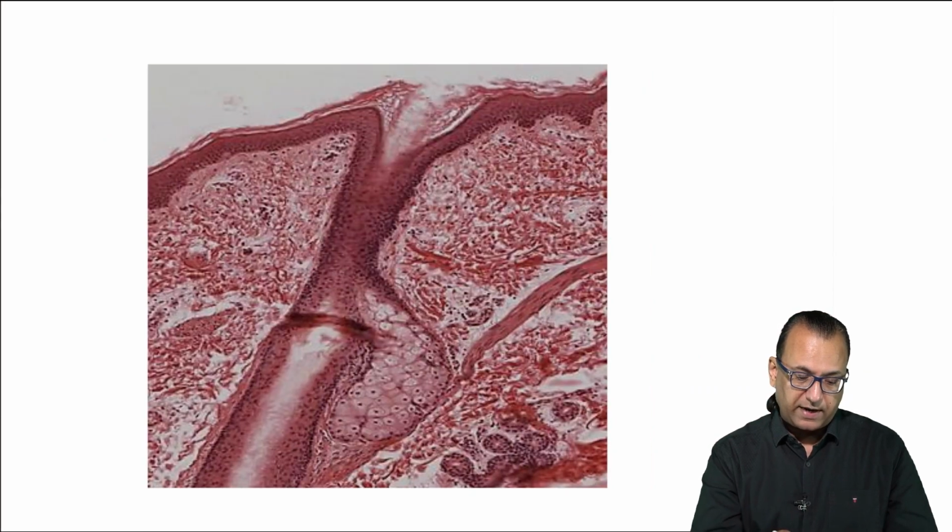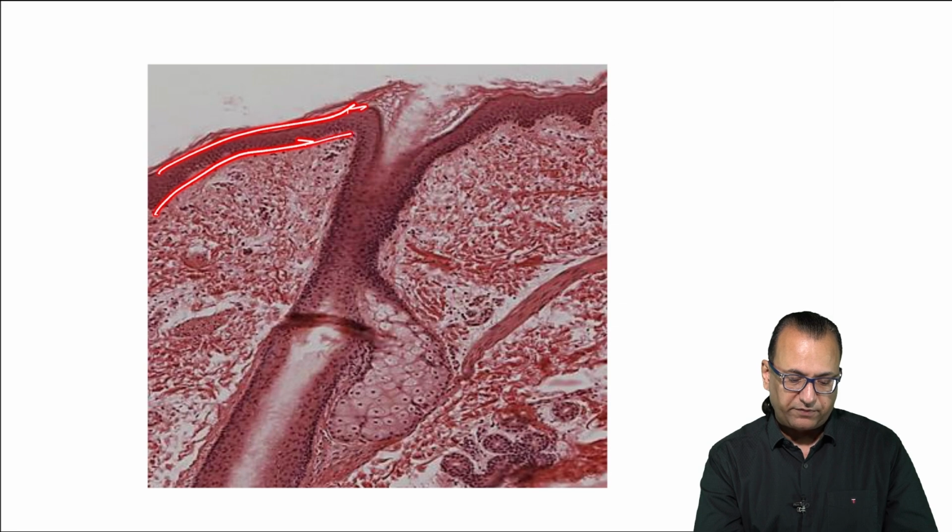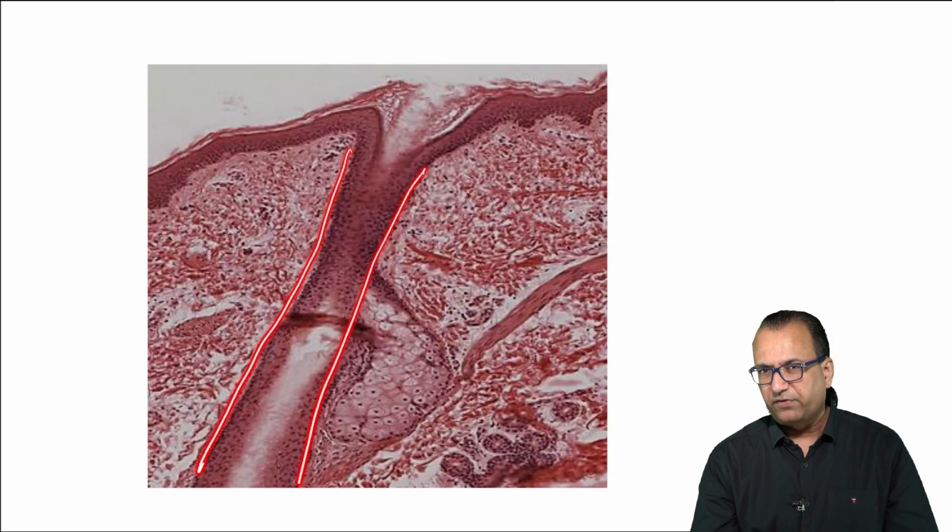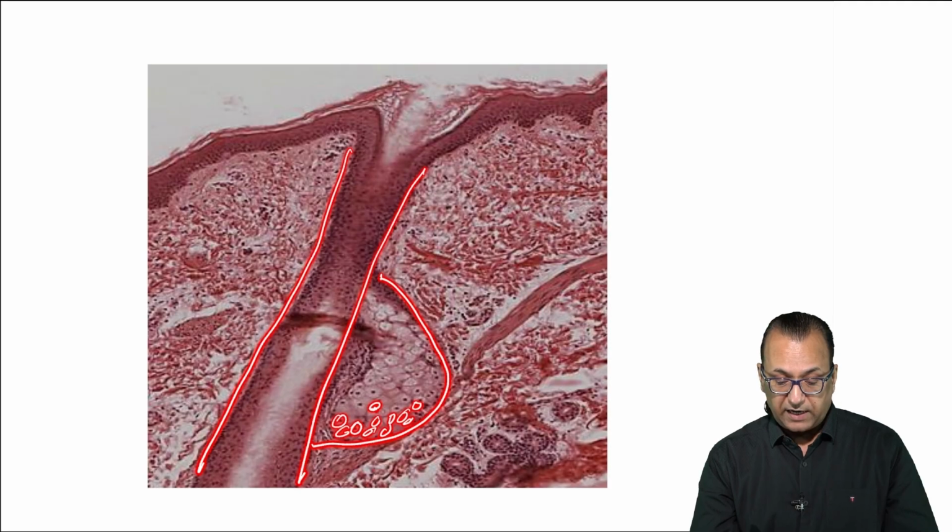Also, you can look at the diagram here. This is the skin epithelium, keratinized, stratified squamous, because multiple layered, and keratin is also seen. This is the hair follicle we are looking at. Related with the hair follicle, you will see this is the sebaceous gland. The peripheral cells are intact, but as you go towards the hair follicle, they are getting totally destroyed.